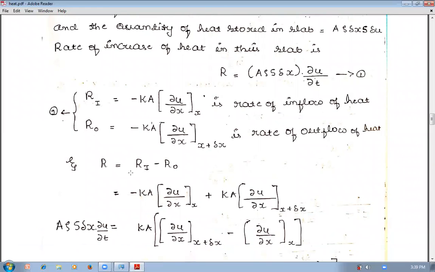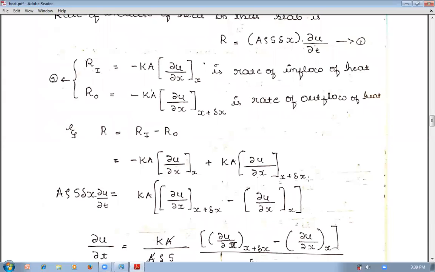And R is equal to Ri minus Ro. Minus into minus becomes plus, so we get K A ∂u/∂x at the point x plus delta x.